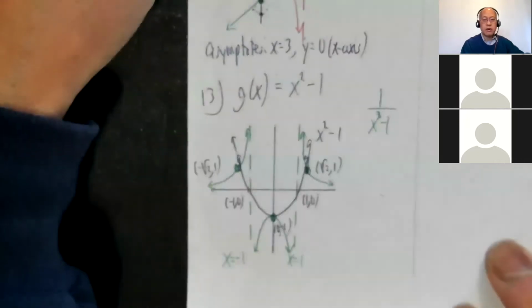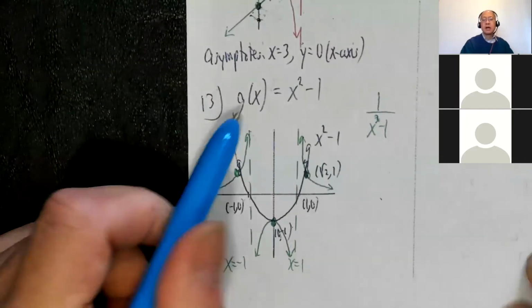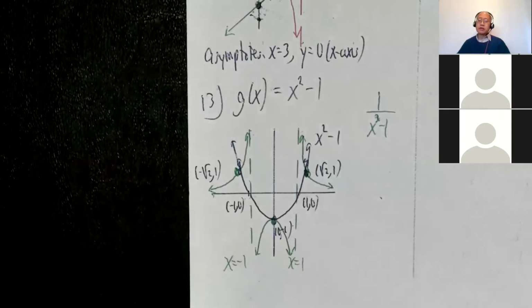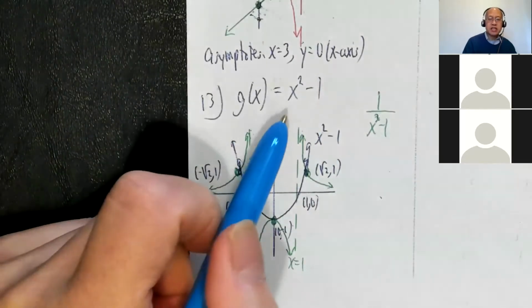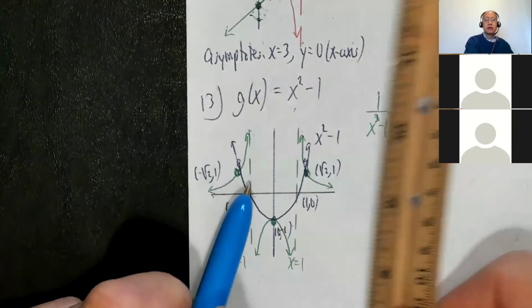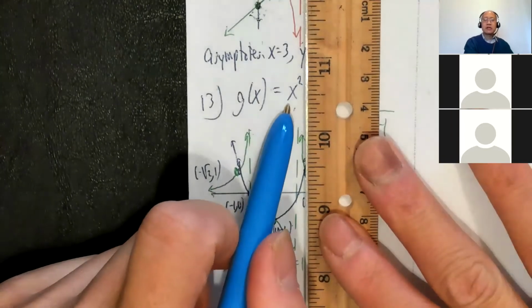Okay, then a harder one is 1 over x squared minus 1. But if you just faithfully use the rules that we always had, you should be okay with that. Okay, g of x equals x squared minus 1. Okay, quick review. You should know what x squared looks like.